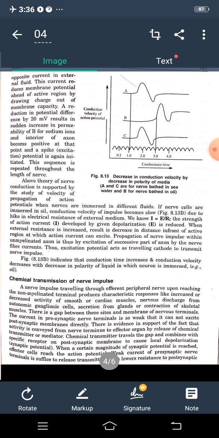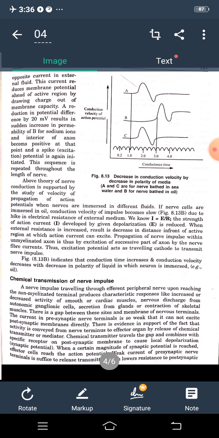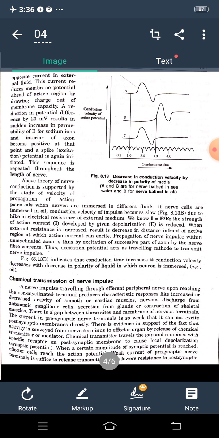Now we discuss chemical transmission of nerve impulse. A nerve impulse traveling through the different peripheral nerves, upon reaching the nerve terminal, produces characteristic responses like increased or decreased activity of smooth or cardiac muscles, nervous discharge from autonomic ganglion cells, secretion from glands, or contraction of skeletal muscles.